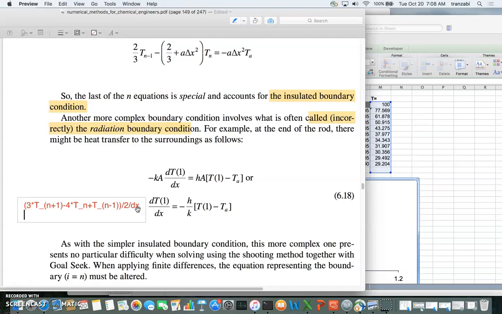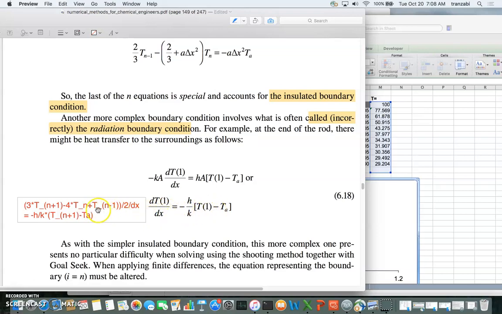That's equal to, and then the right-hand side is going to be minus h over k times T1. Let's say T1 is the temperature at the right end. That's going to be T_{n+1}, because the last point is the n plus 1 point. So that's going to be T_{n+1} right here, and minus Ta.